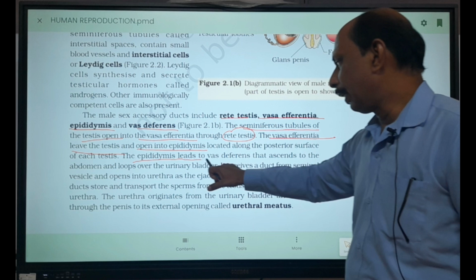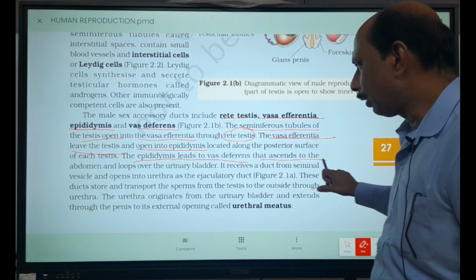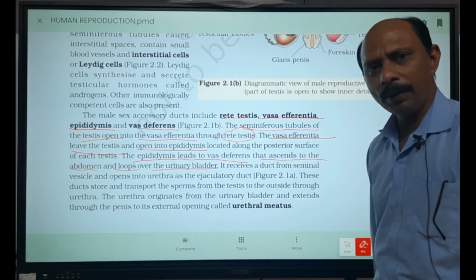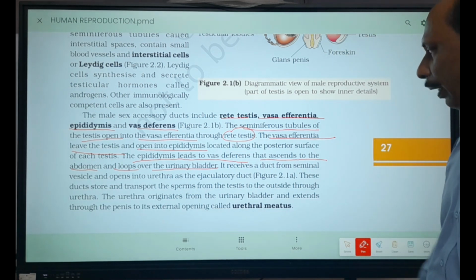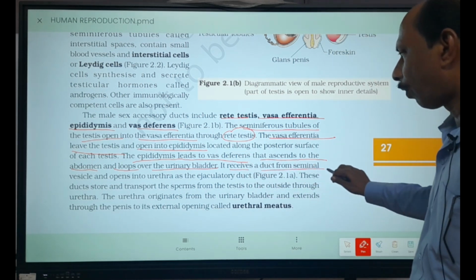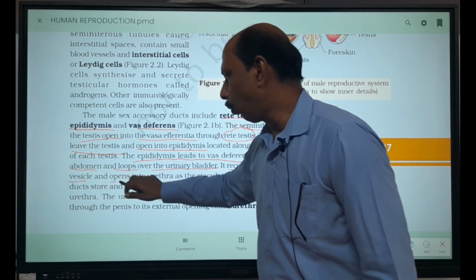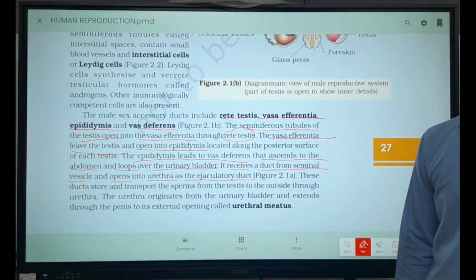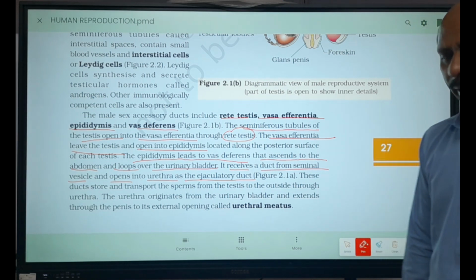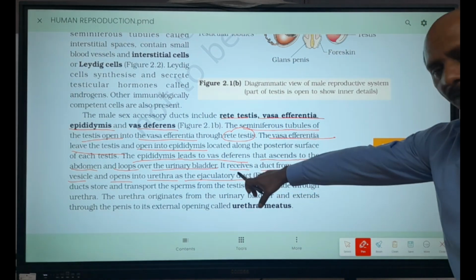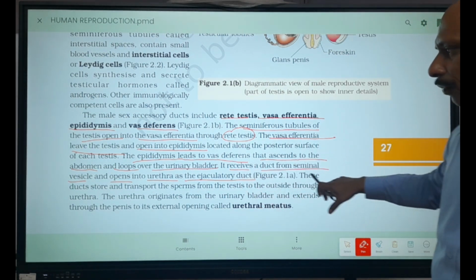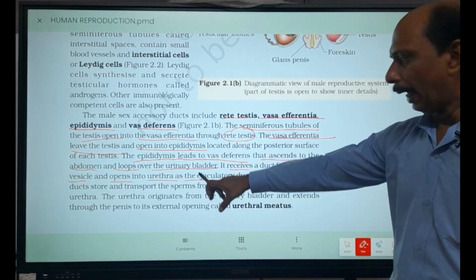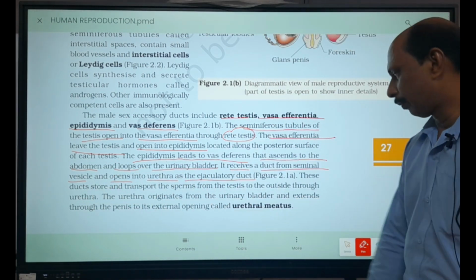The epididymis leads to the vas deferens that ascends to the abdomen and loops over the urinary bladder. It receives a duct from the seminal vesicle and opens into the urethra as the ejaculatory duct, right.